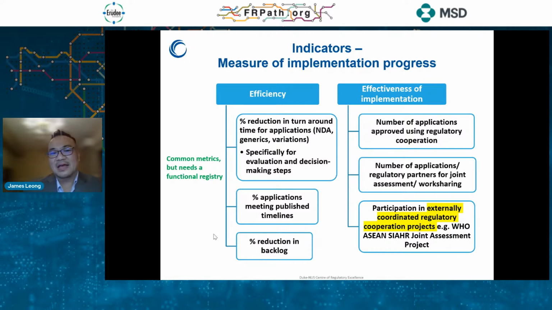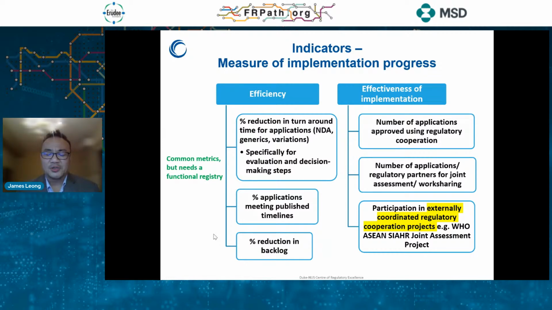Now, on the right side, I use the word effectiveness of implementation. I do not want to confuse you with effectiveness of the regulatory agency, which is to meet the safety, efficacy, and quality of the products. I'm really talking about the effectiveness of implementation of a regulatory cooperation approach. So we can look into the number of applications approved using the cooperation approaches, and the number of regulatory partners for joint assessment and work sharing.